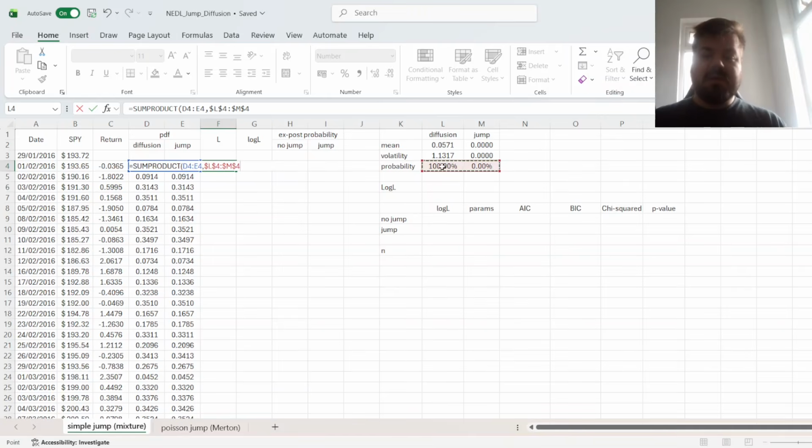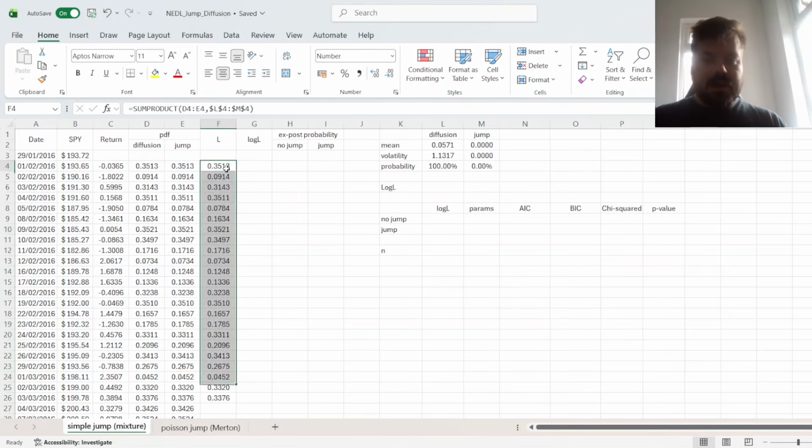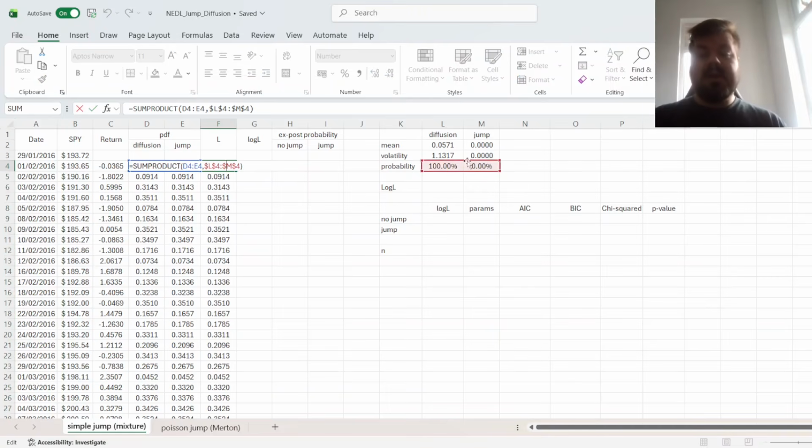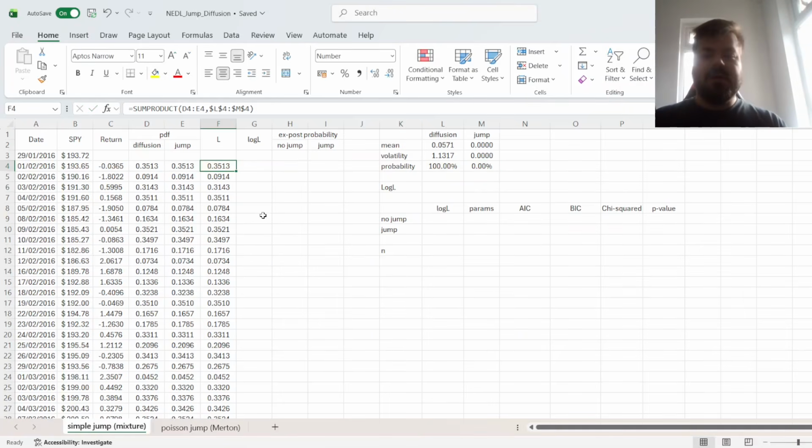So with this probability, it's just the normal diffusion process. With this probability, it's a combination of the two. And note that here we model the probability of a jump happening as uniform across the entire sample. So the constant probability of the jump happening. That's a very simple model here.